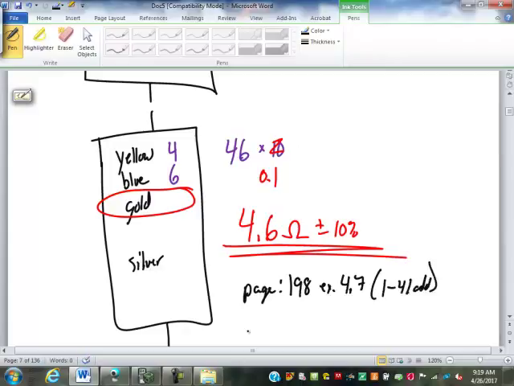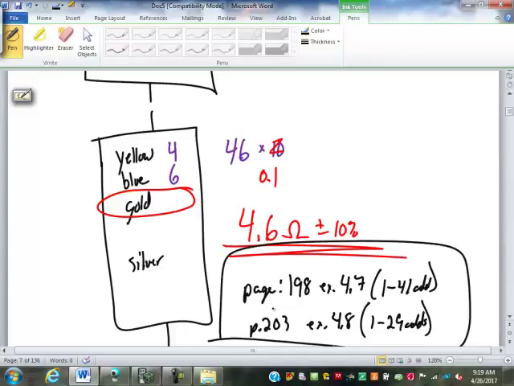In your book, page 198, exercise 4.7, 1 through 41, the odds. And on page 203, exercise 4.8, 1 through 29, the odds. That second page is the resistor color codes.